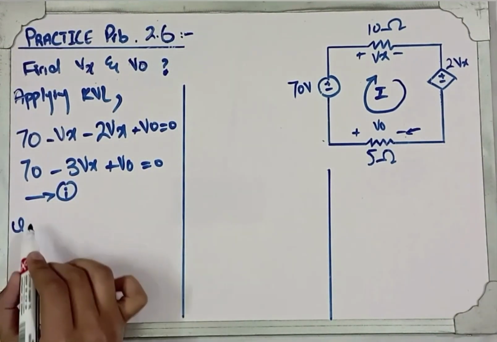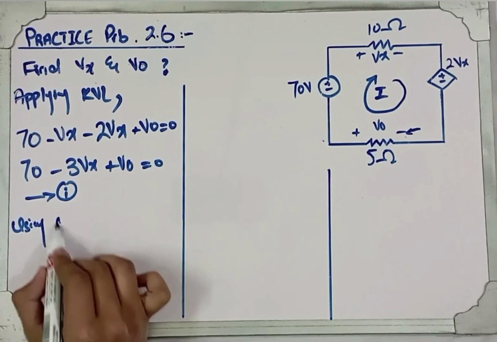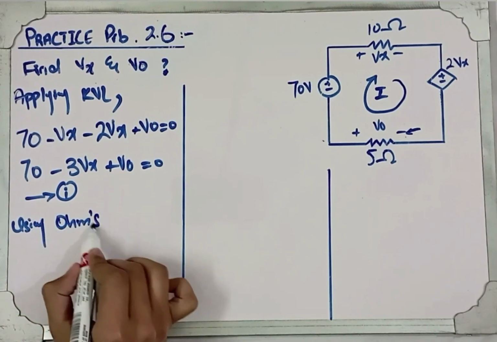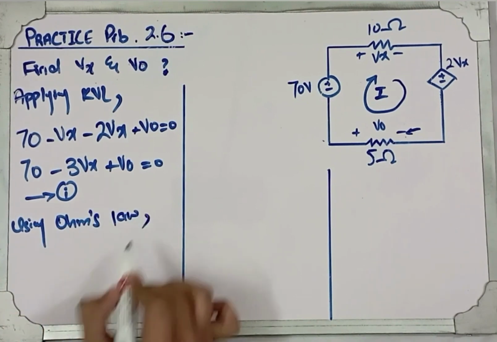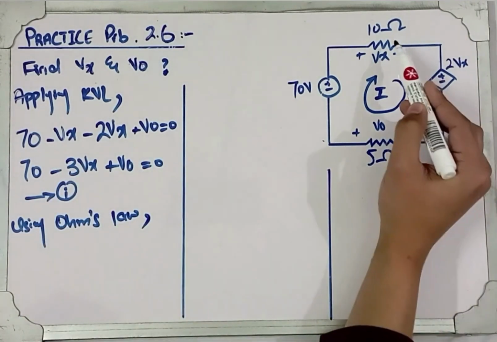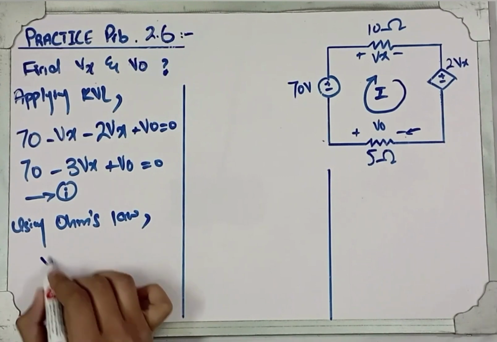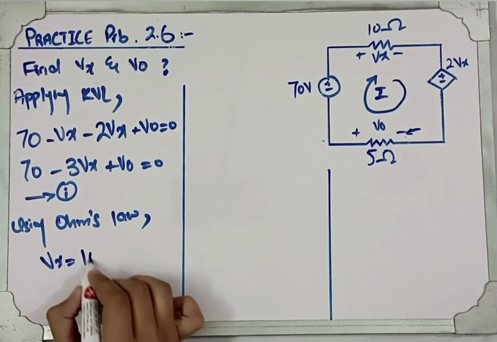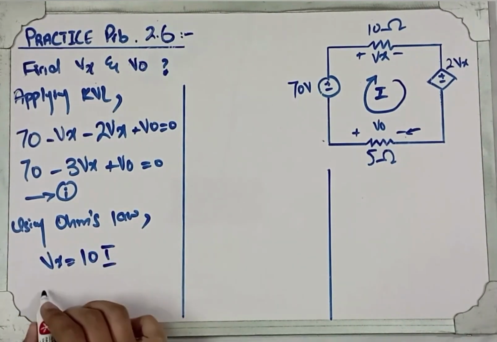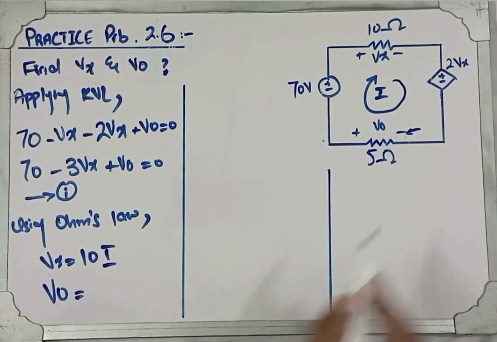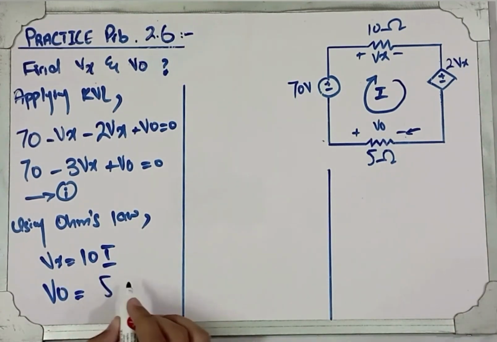Now we will apply Ohm's law on the 10 ohm resistor and the 5 ohm resistor. When we apply Ohm's law on the 10 ohm resistor, we can see that Vx, the voltage across the 10 ohm resistor, will be equal to 10I, and for V0, the 5 ohm resistor, the voltage will be 5I.